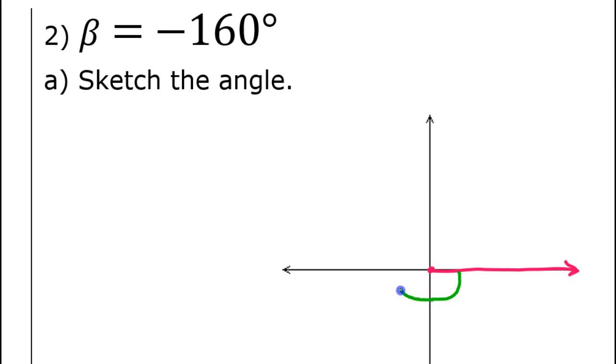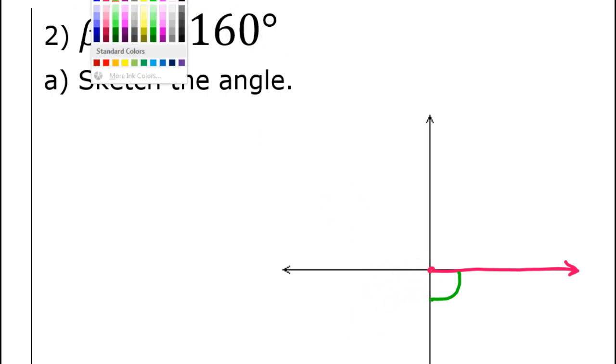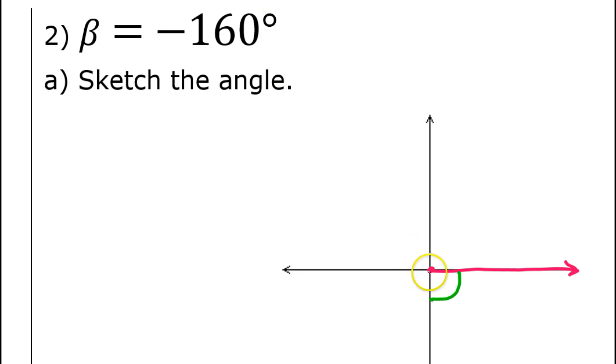Now if I went to here, that would be negative 180 degrees. Well, this is only negative 160, so that would be too far. So I need to stop somewhere here in the third quadrant. Alright, so there's my sketch right there.